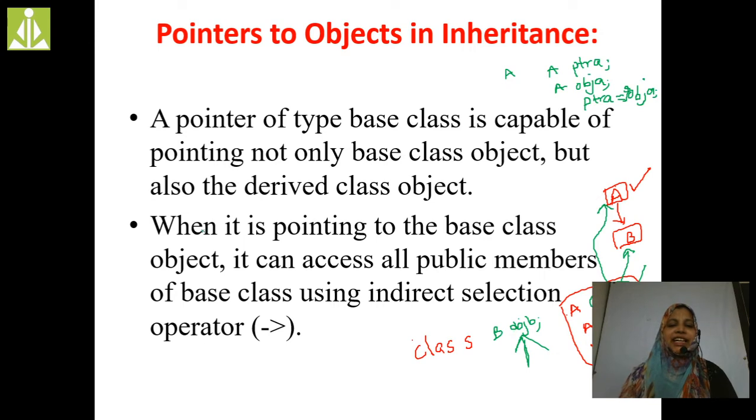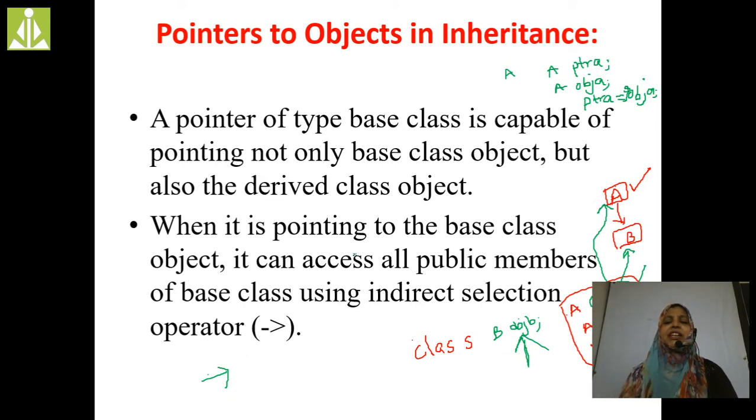Right? Now, what is the second point? When it is pointing to the base class object, it can access all the public members of the base class using the indirect selection operator, which is minus followed by the greater than symbol. Whenever we create an object and save its address in that pointer, by using this indirect access operator we can access the public data members of its base class.